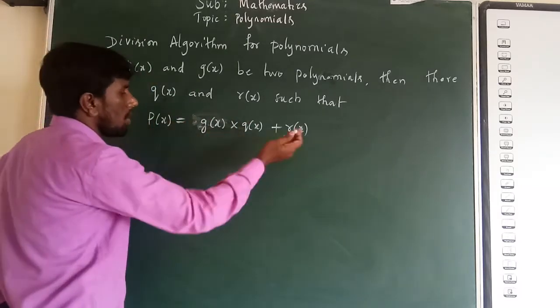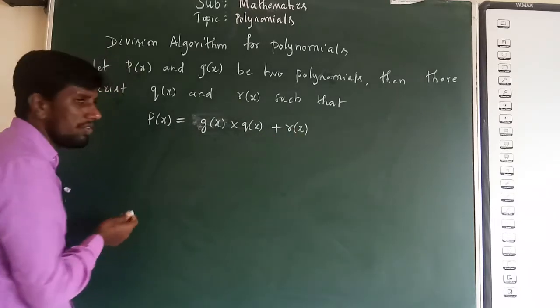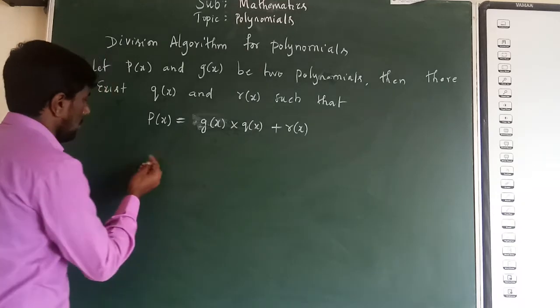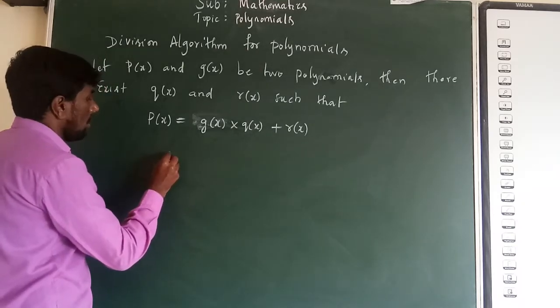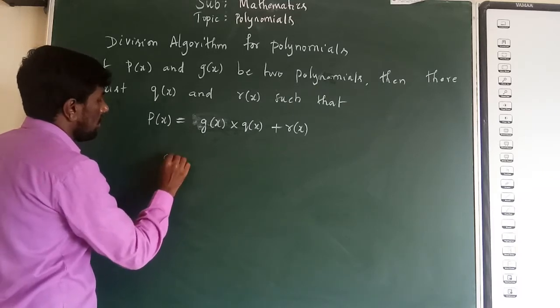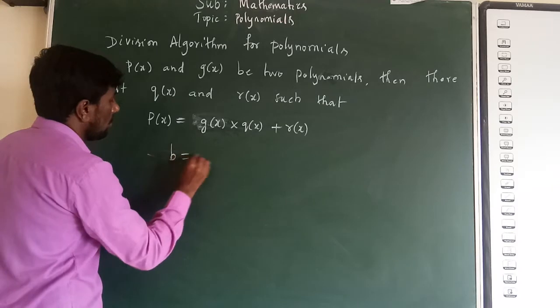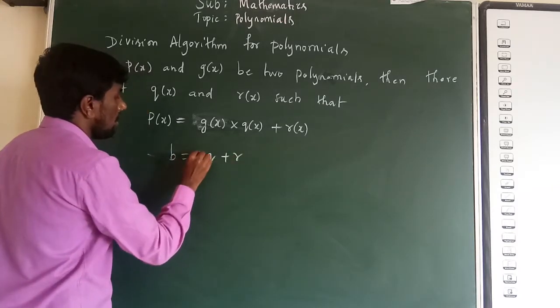The same statement we have observed in our real numbers lesson, Euclid's division lemma. That is, b is equal to aq plus r.